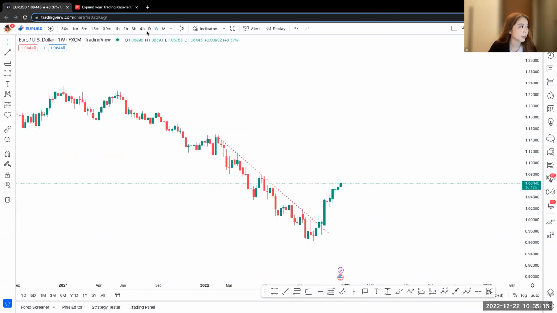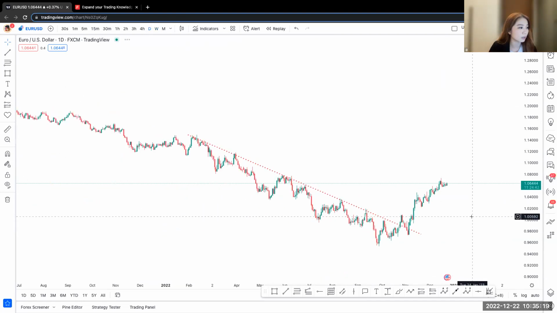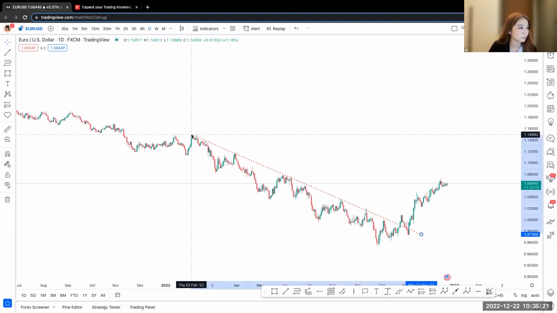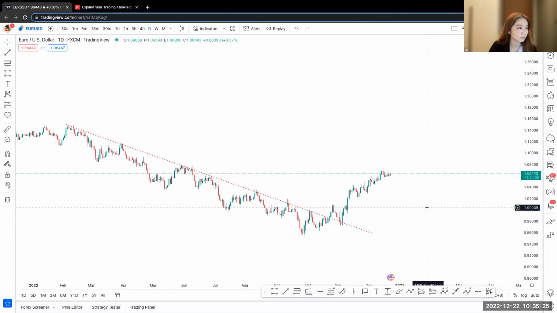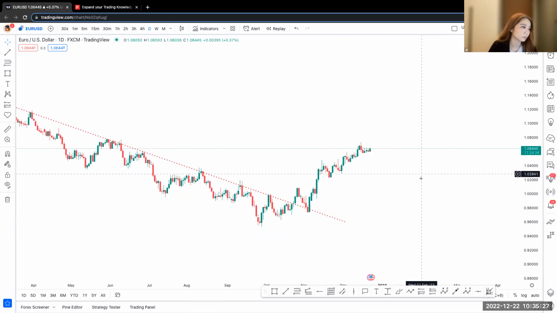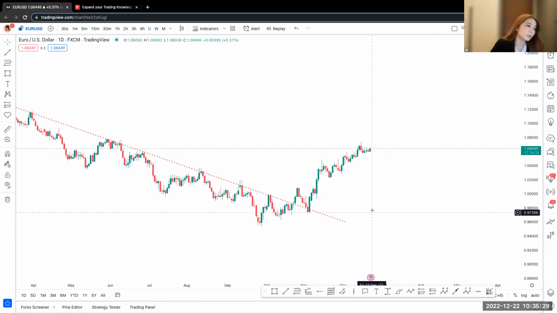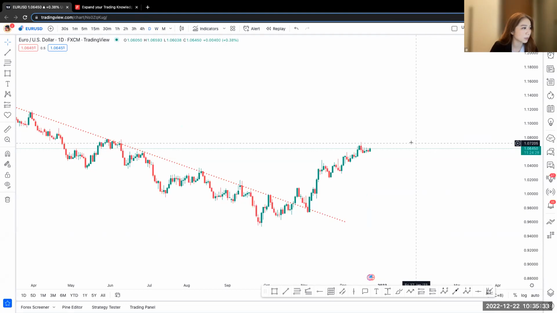Okay, let's look at an upward movement right now on the daily. Rather interesting. Feels like upward movement slightly exhausting. We are looking at a resistance here at 1.07.